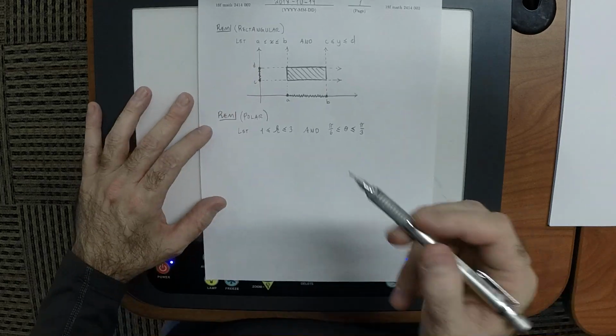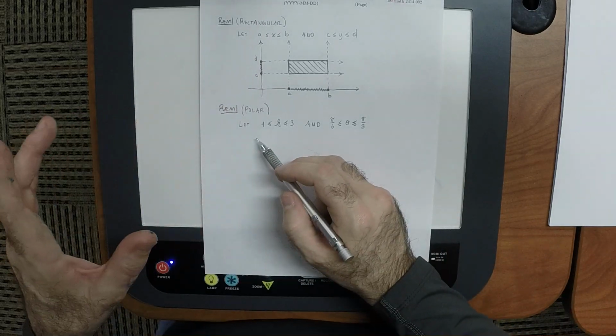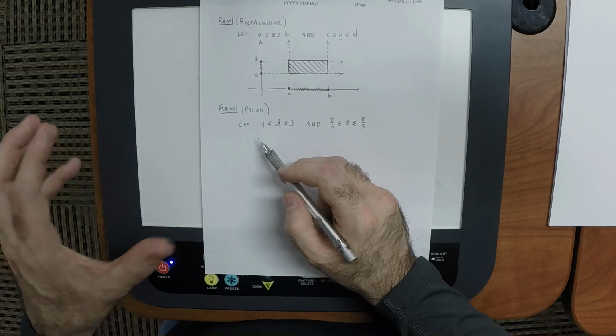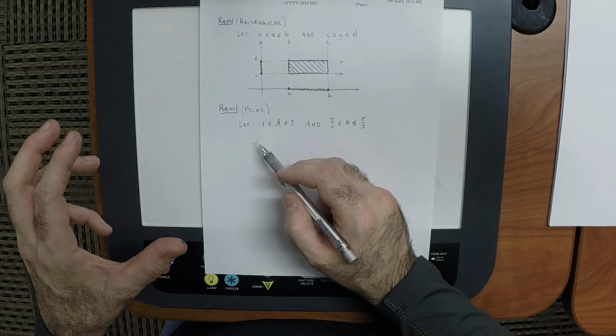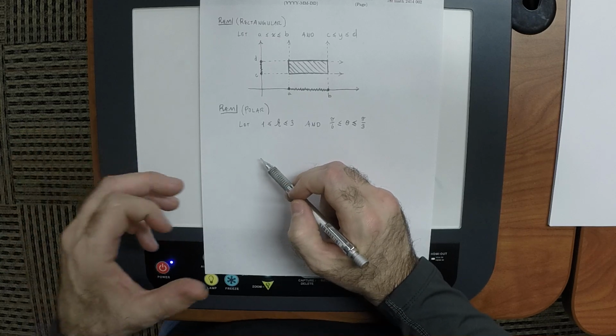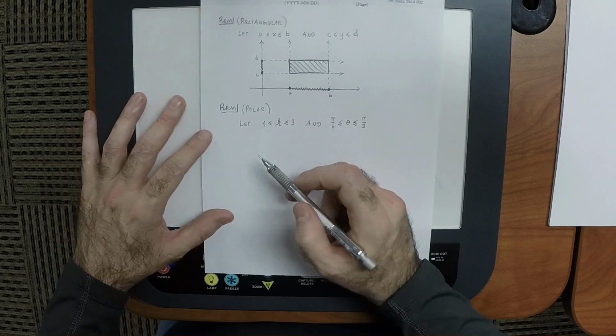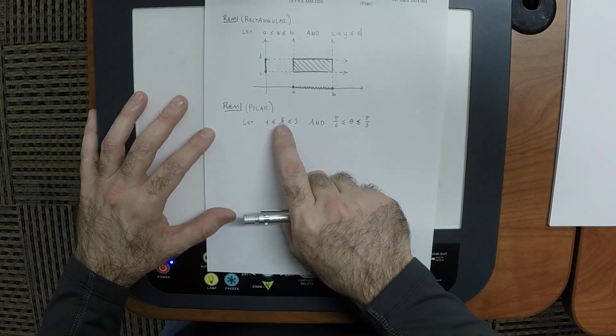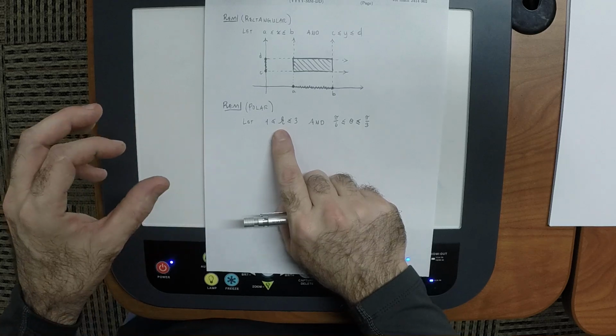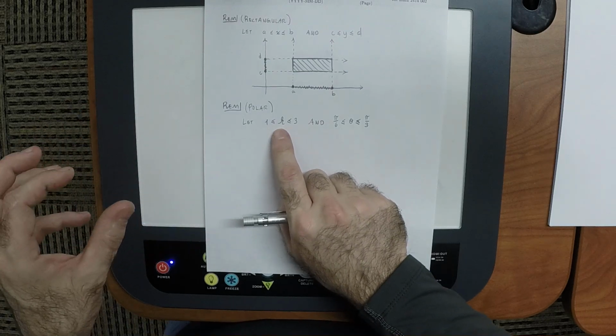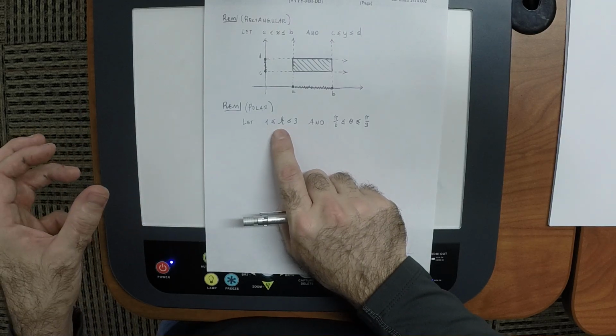So my question to you is, in the polar coordinate system, what is a constant r value? A circle. So the set of all radii between 1 and 3, that's the set of all points between two circles.